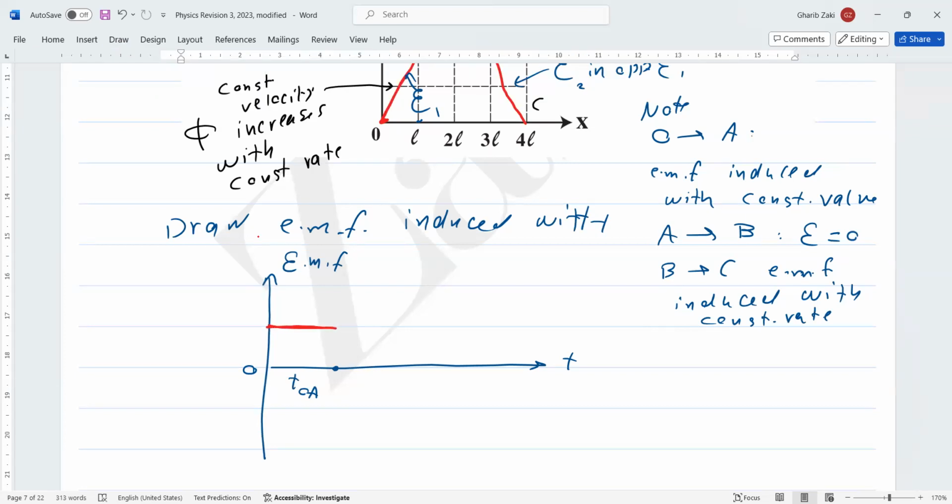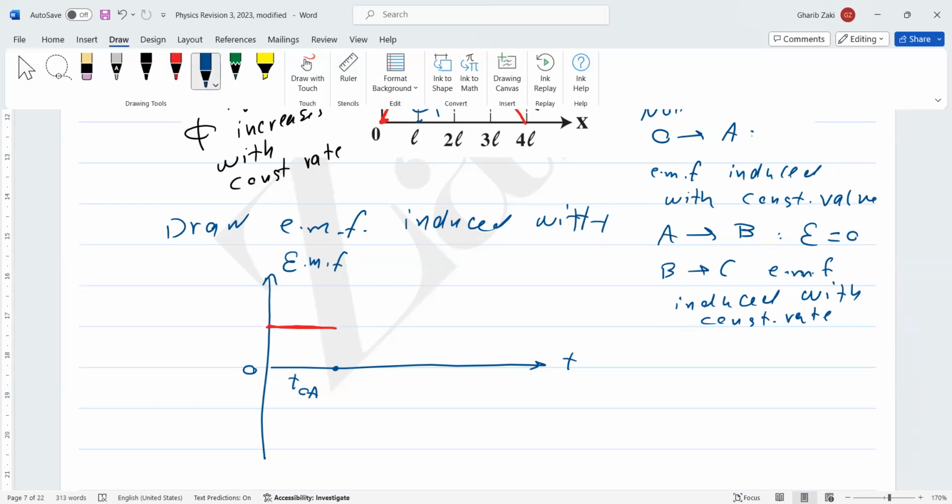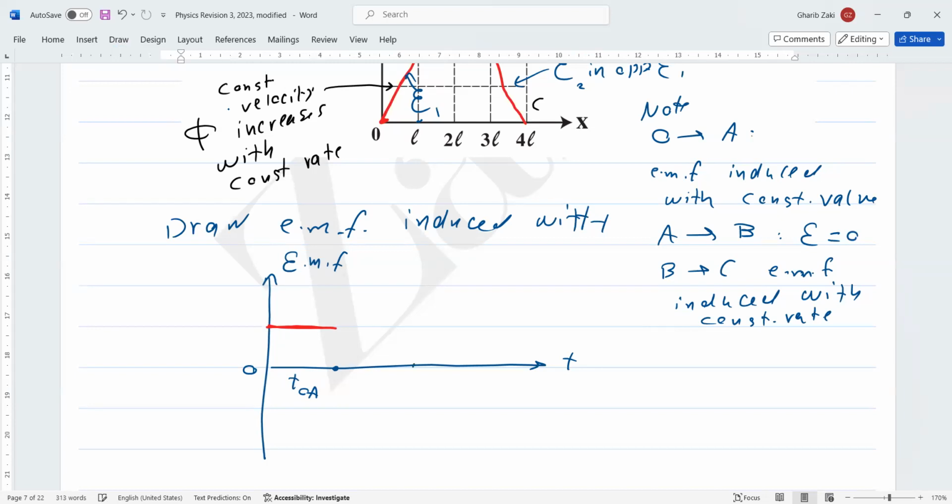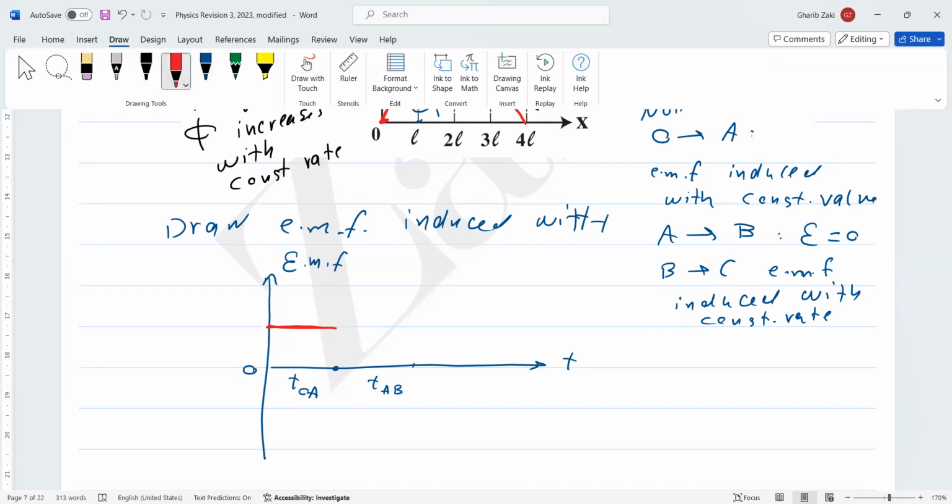Now, the next time interval is from A to B. During the time from A to B, no EMF is induced, the induced EMF is 0.